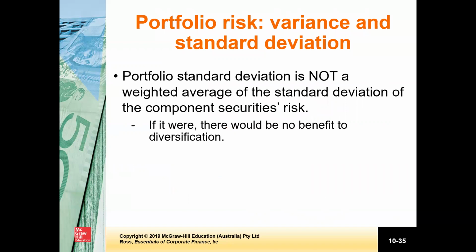Now let's come to the question of variance. You need to remember one point: when we calculate the expected return of a portfolio, we have individual assets and individual asset weights. So a portfolio return is the weighted average of individual asset returns.